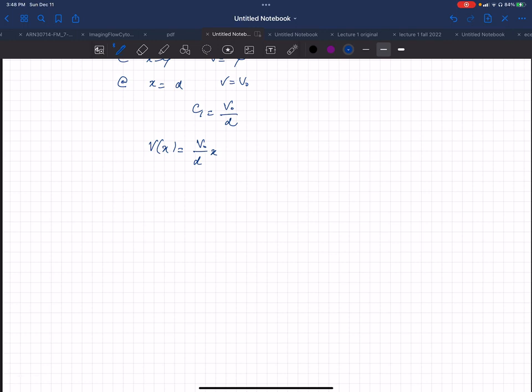We can ask a couple of questions about this solution. We're saying that this is a function where the second derivative with respect to x ends up being zero, because you basically have a constant times x. So the first question is, is this potential unique?